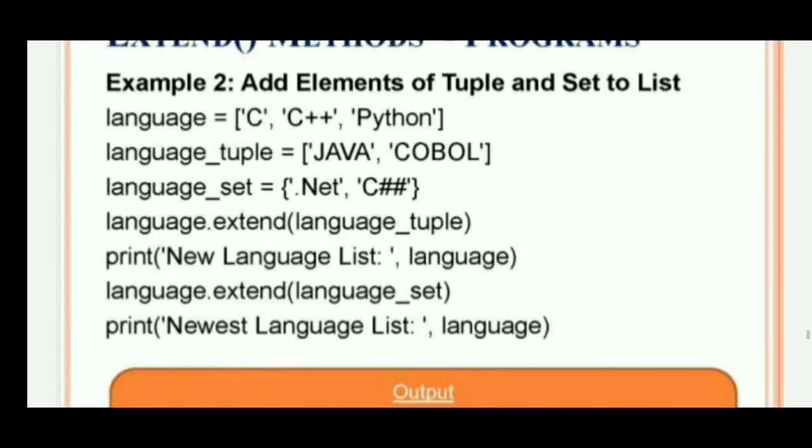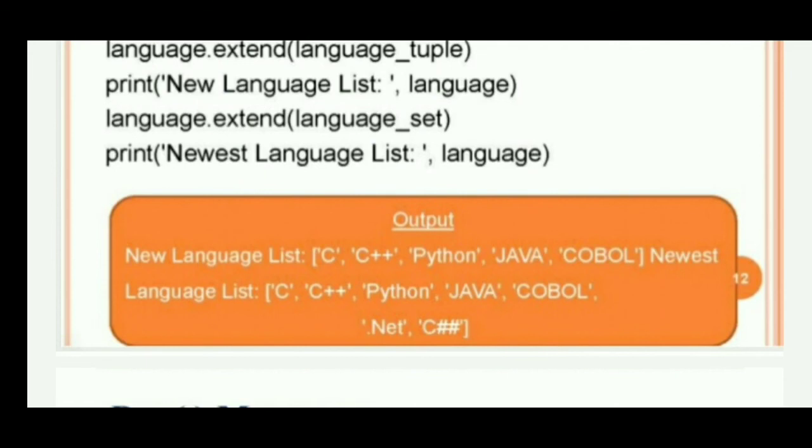When you print it, it will show the new language list C, C++, Python, Java, COBOL, and .NET and C#. So all these 3 lists are appended with each other.